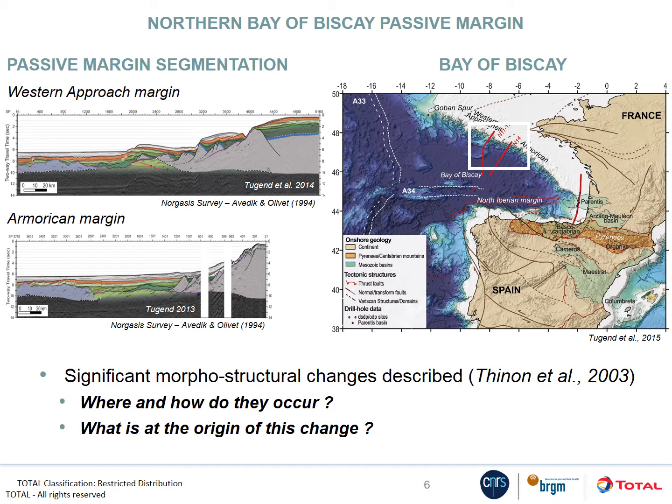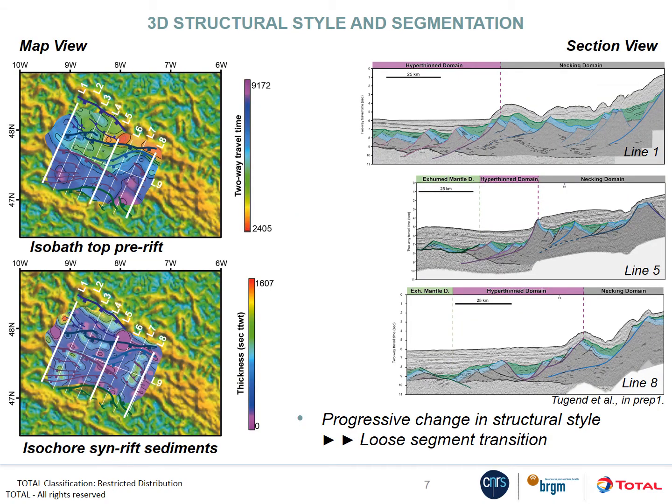To do so, I interpreted a series of reflection seismic lines across the Western approach and Armorican passive margin segments. The results of this mapping reveal a progressive lateral change in structural style, defining a relatively loose segment transition marked by a different accommodation of extensional deformation between the Western approach and Armorican segments, defining here the transfer zone roughly located here.